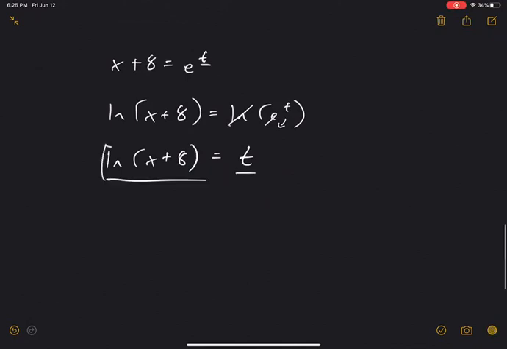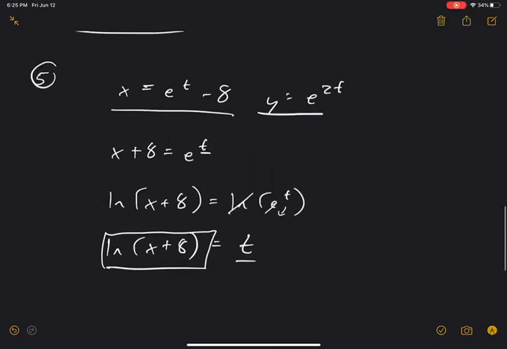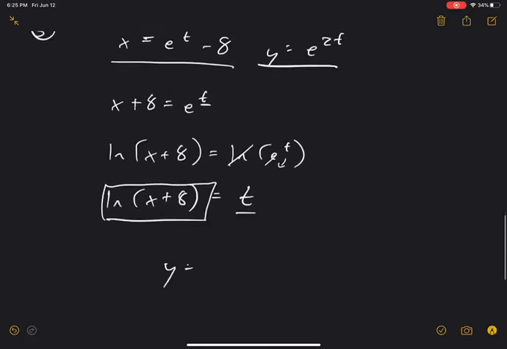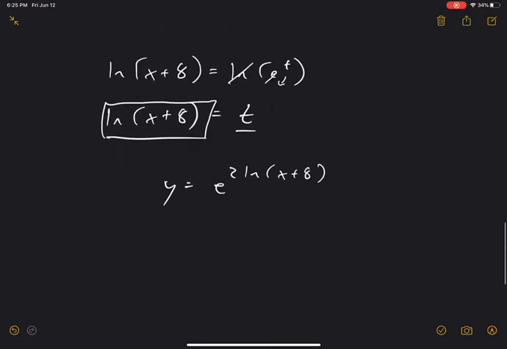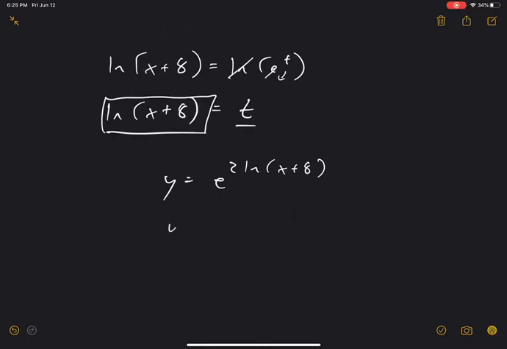Now let's take this value and plug it into my equation for y. Okay. So I replace t with ln of (x plus 8). All right. And a nice little trick: e to the power of 2 times ln of (x plus 8) is the same thing as (e to the ln of (x plus 8)) squared, right?